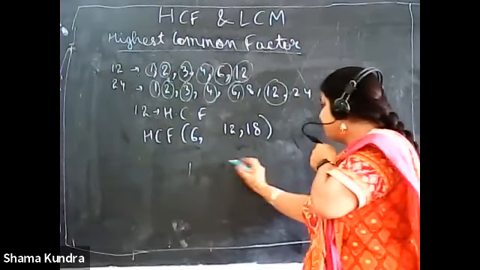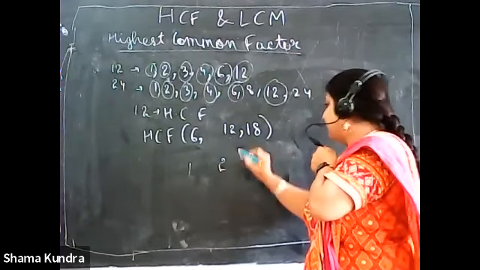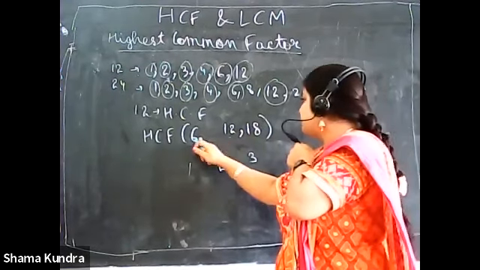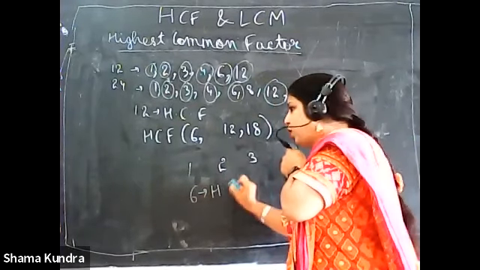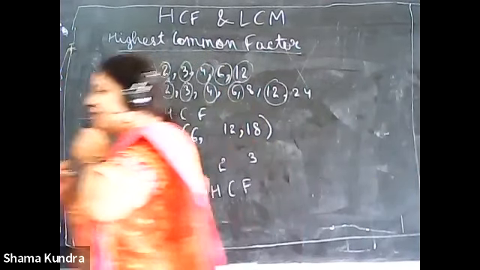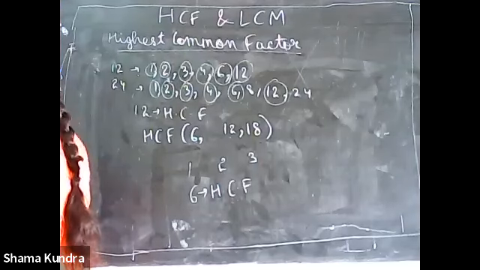When we divide 12 by 6, we get 2. When we divide 18 by 6, we get 3. So 6 is the HCF of 6, 12, and 18, as 6 divides all these three numbers.